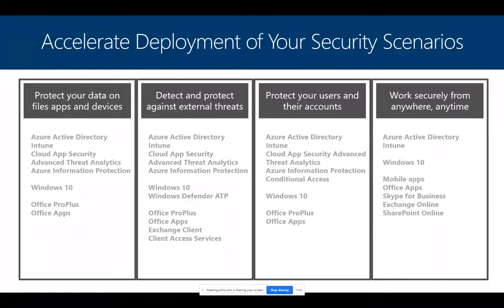If you wish to detect and protect against external threats, you require additional components on the Exchange front. If you want to protect your user accounts and the complete data, you come up with information protection, Intune, and conditional access. And if you want to work securely from anywhere, anytime, it's Azure Active Directory with Intune, and they will take care of every single element. So over here, I can actually offer customers tailor-made solutions depending upon the requirement of that customer.